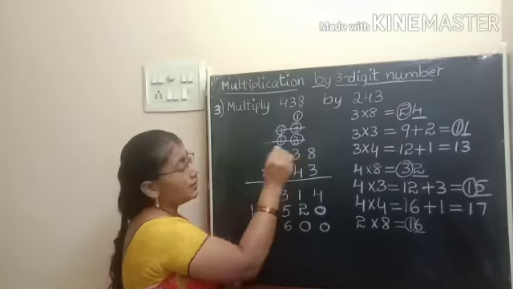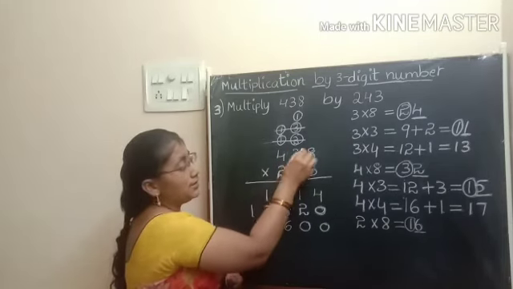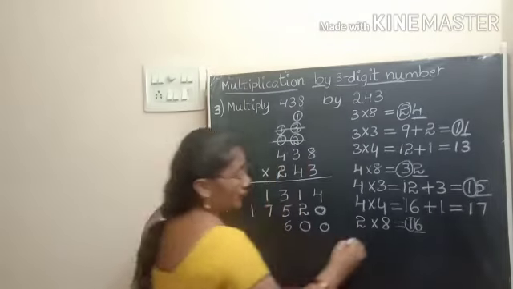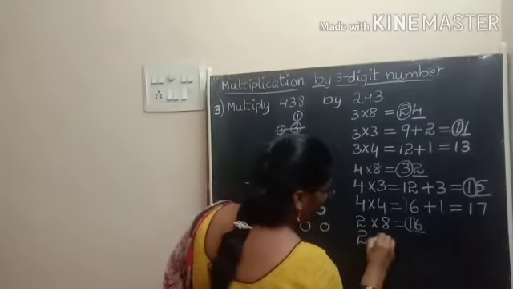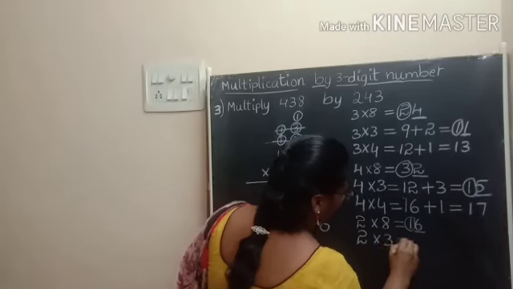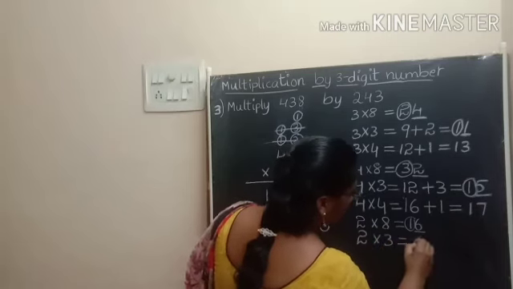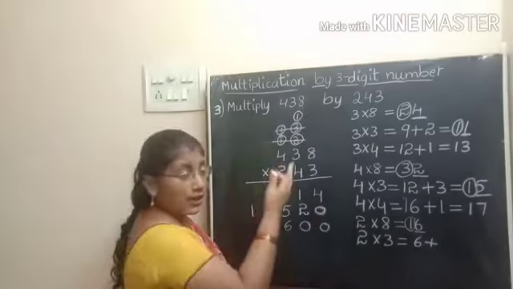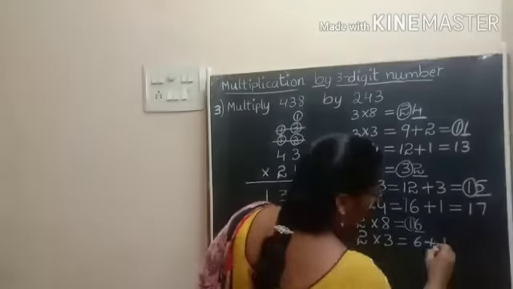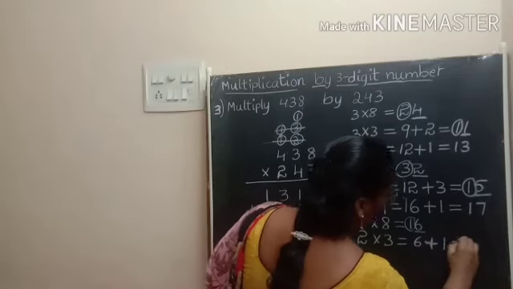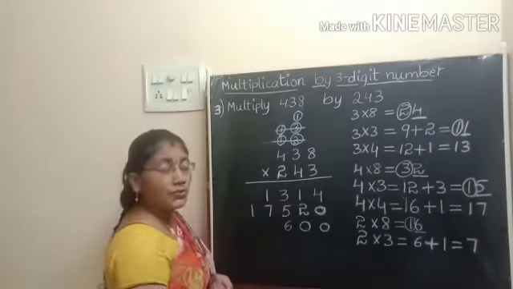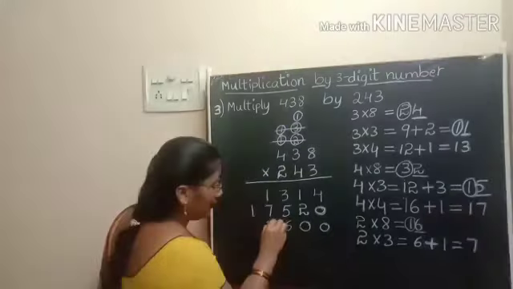Understood? Now we should multiply the digit in tens place with 2. Take 2 into 3. 2 3s are 6. But we have carry. So we should add that carry here. 6 plus 1. How much it is? 7. That is a single digit number. So we can write directly here.